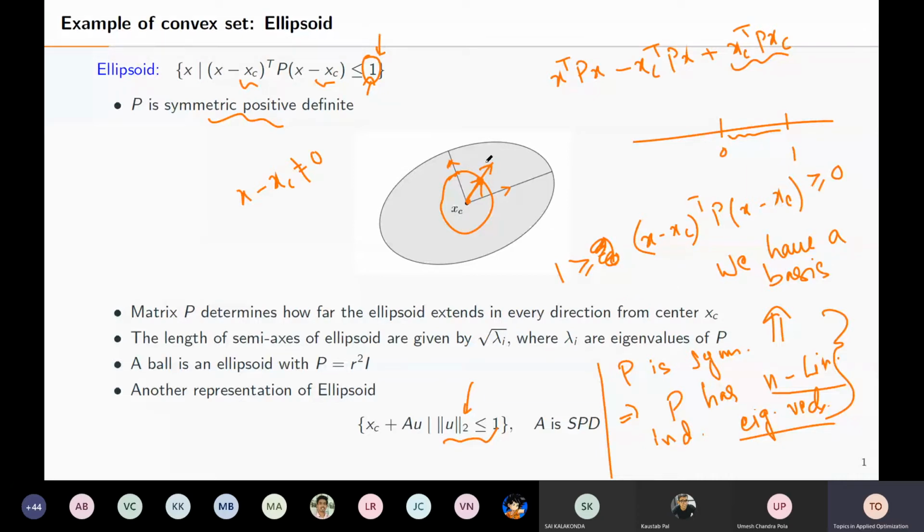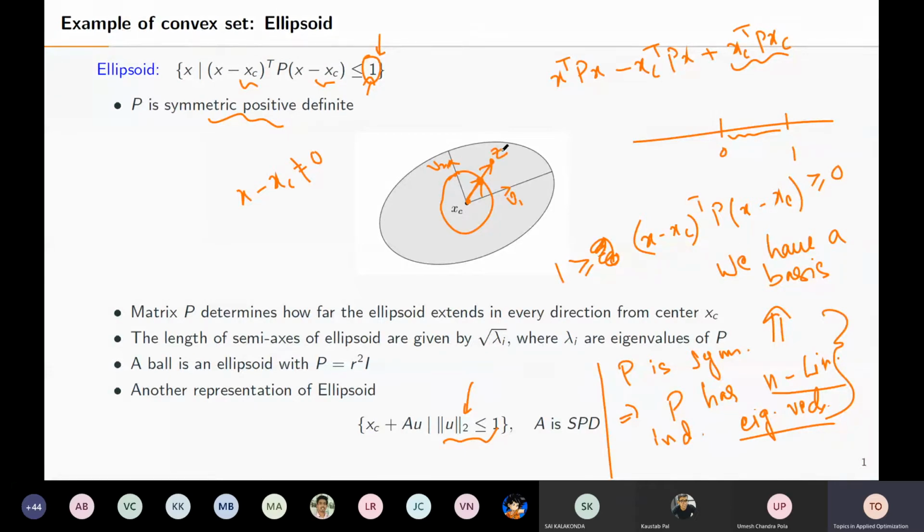If there is a basis, then any arbitrary vector that I have here, I can write using those eigenvectors. Let us say this is the eigenvector v1, and this is the second eigenvector v2. Any vector here, let us say this is the vector z.